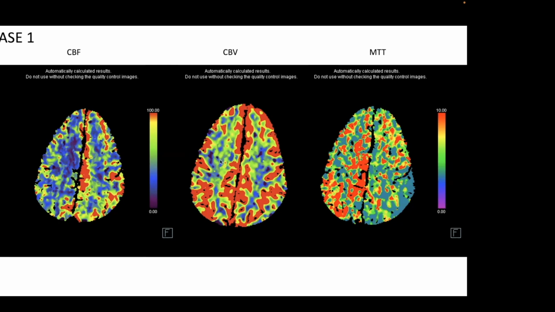And this is mean transit time. So what do you think, is this all infarcted? Because we talked about how to use cerebral blood flow maps or perfusion imaging to predict the penumbra and the core infarct. So my question is, is this all infarcted, do you think?